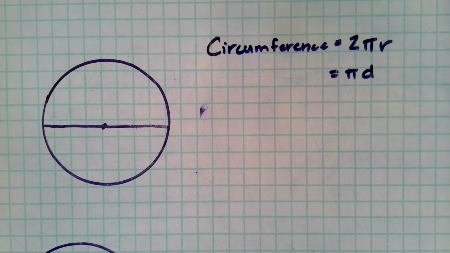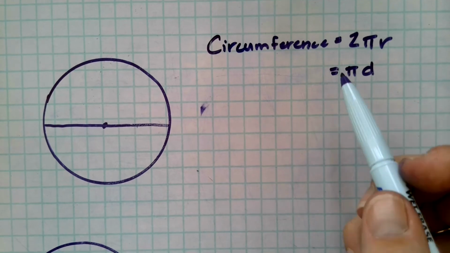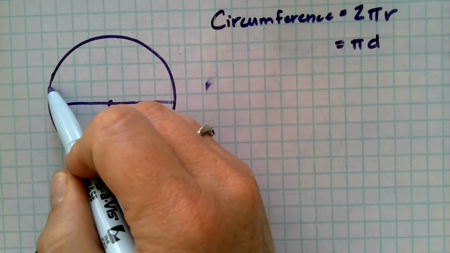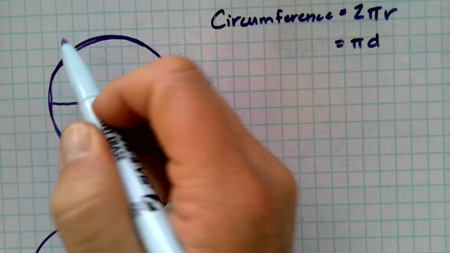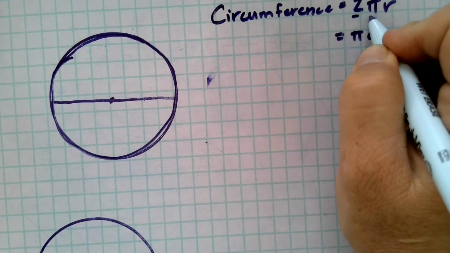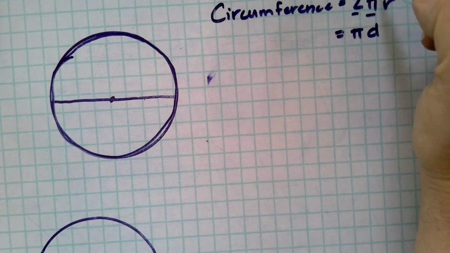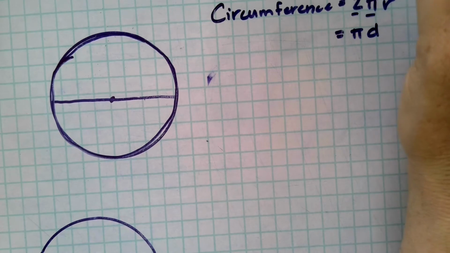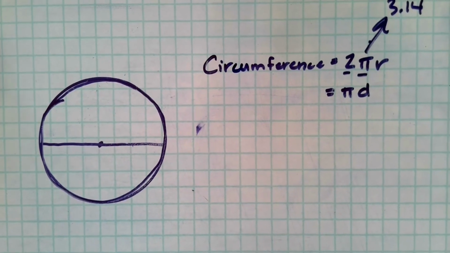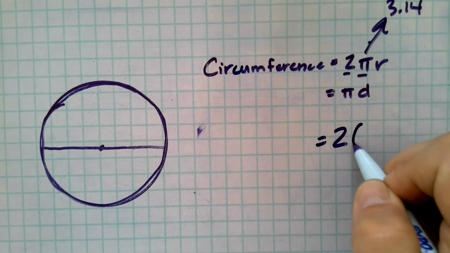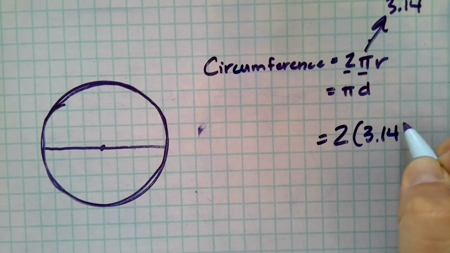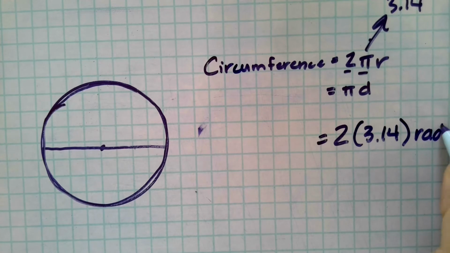Ooh, get out your 80s glasses. Here we go. The circumference of a circle equals 2 times pi, 3.14 times the radius. Okay, so it's 2 times 3.14 times the radius.